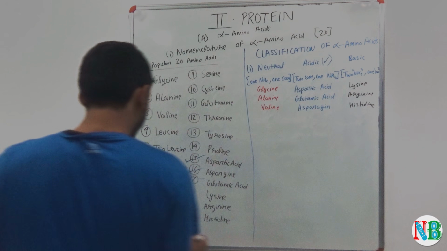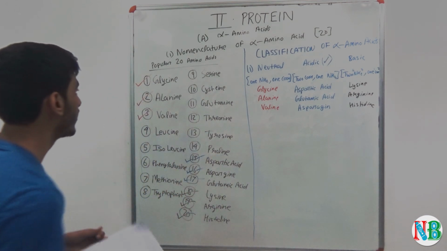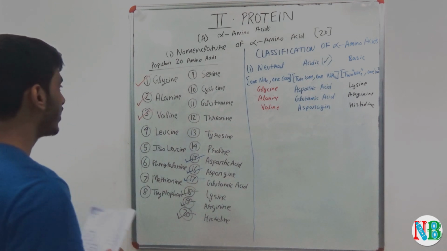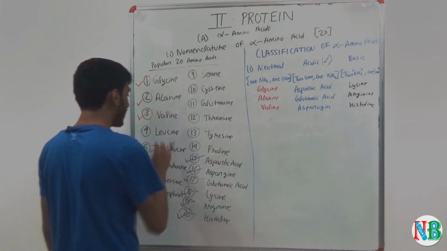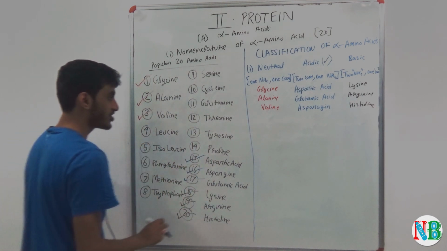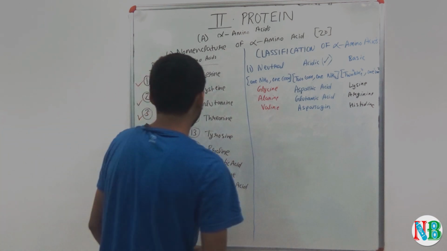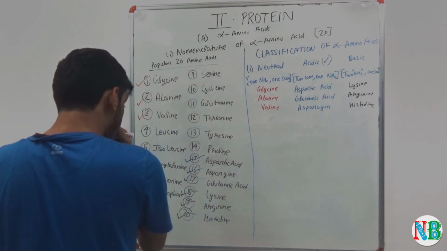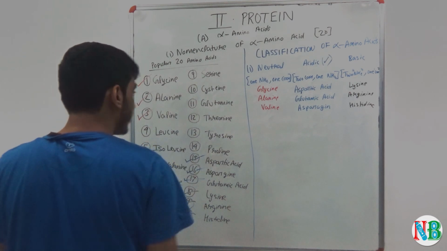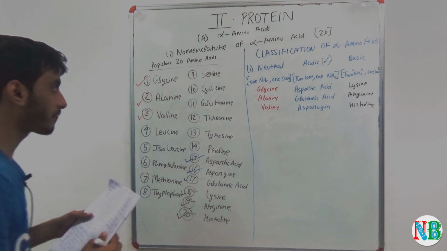Where are lysine, arginine and histidine? These three. For the rest, to see whether they are acidic or basic, you just have to see their structure and then you can name them. Whereas these nine are very important for us to learn.